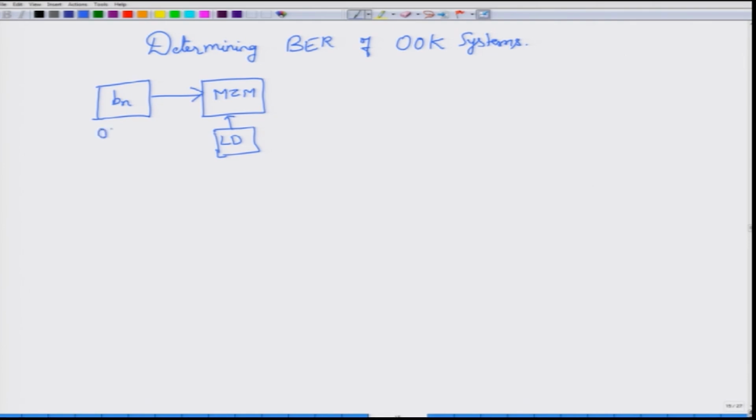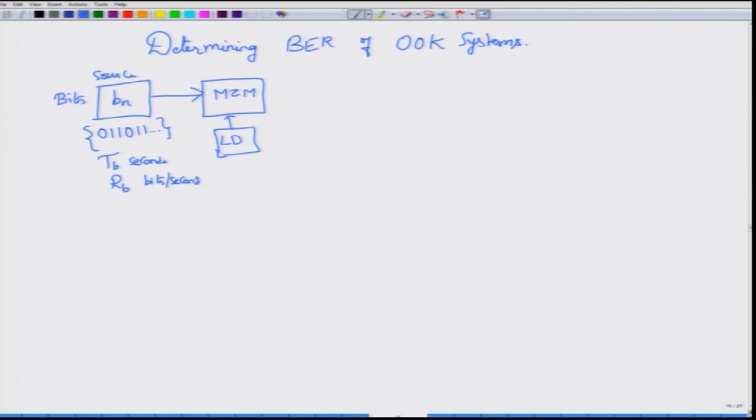The bit sequence could be 0, 1, 1, 0, 1, 1 and so on, right. These bits are coming out every T_B seconds, at a rate of R_B bits per second. So, this is the rate of the source which is generating the bits.